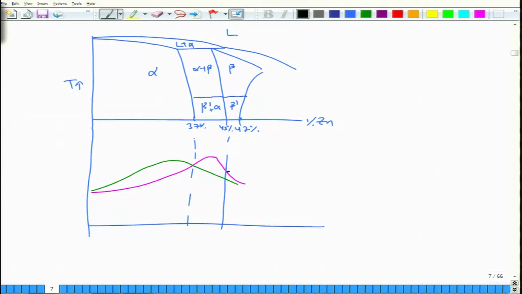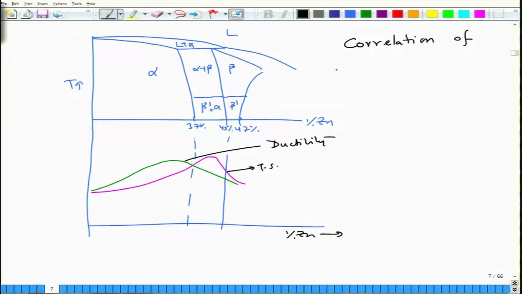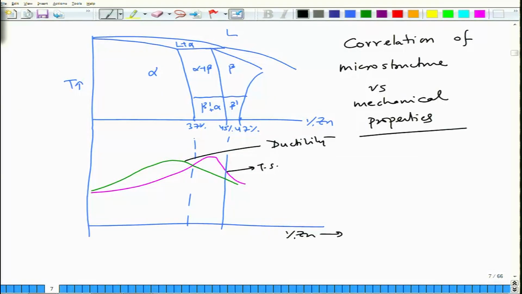So you can say this is tensile strength, this is ductility of brasses. So, correlation of microstructure versus mechanical properties. So this is what you have in brasses.